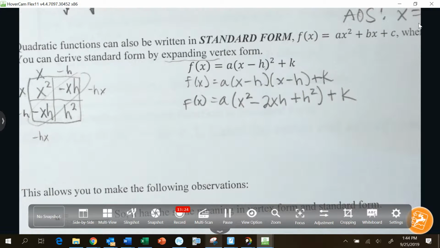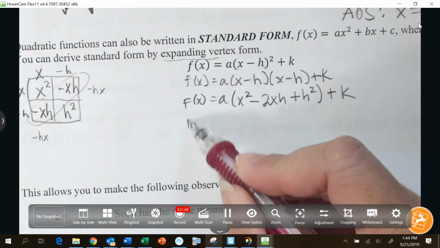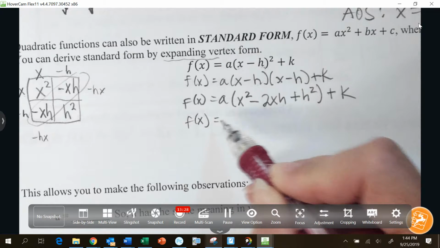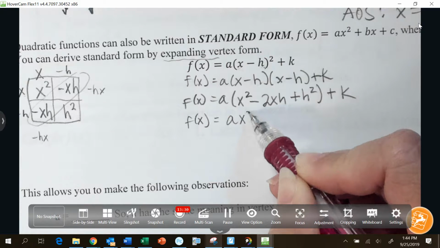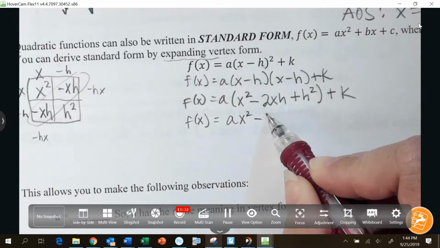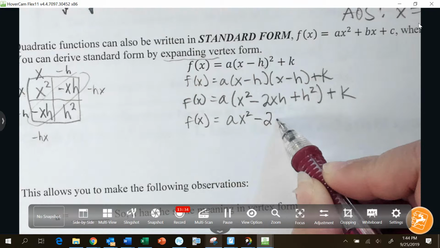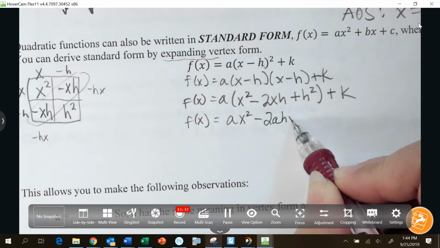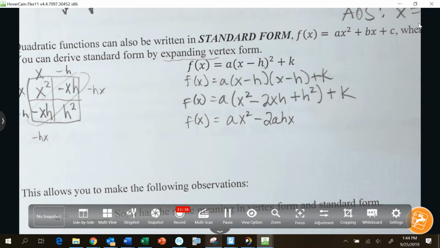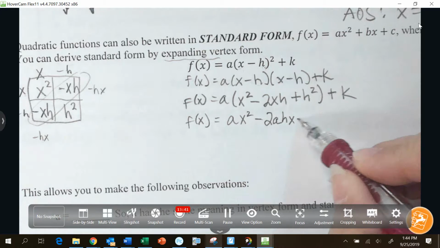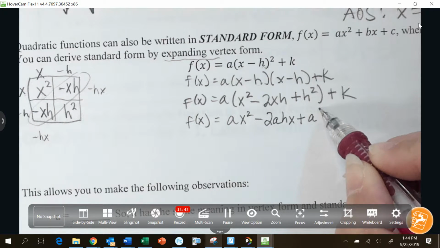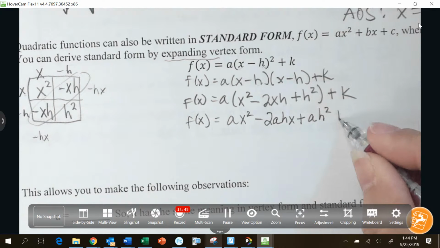Okay? And then from here, we're going to distribute. That's going to be our next step. We're going to distribute that a. So I get ax squared minus, let's reorder it, 2ahx plus ah squared plus k.